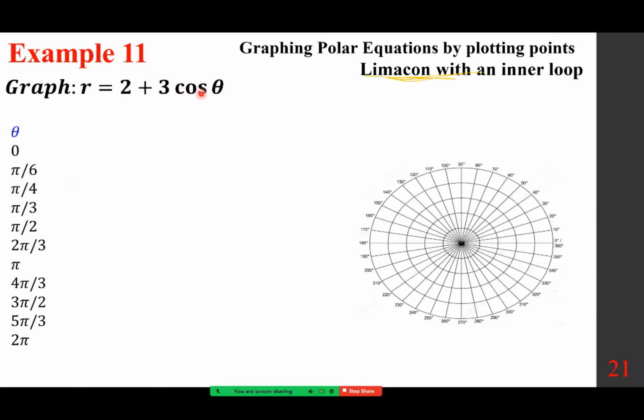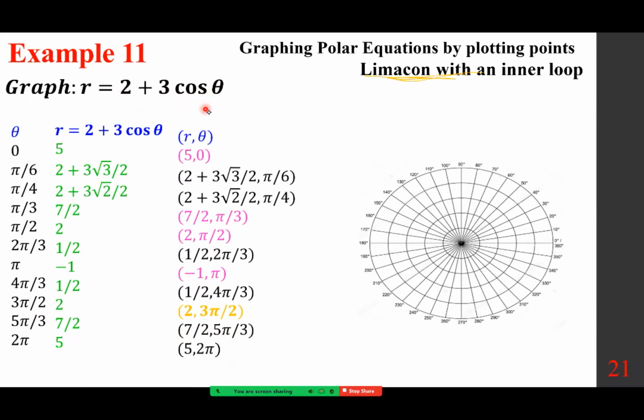Pi gives me negative 1, 3 times negative 1 is negative 3, plus 2 is negative 1. 4 pi over 3 is the same as pi over 3, but negative, so it gives me 3 times negative 1/2, they add up to 1/2. 3 pi over 2 gives me 0 here, just 2. 5 pi over 3 gives me the same as pi over 3, positive 1/2, so 3/2 with 2, 7/2. 2 pi is the same as 0, which is 5.